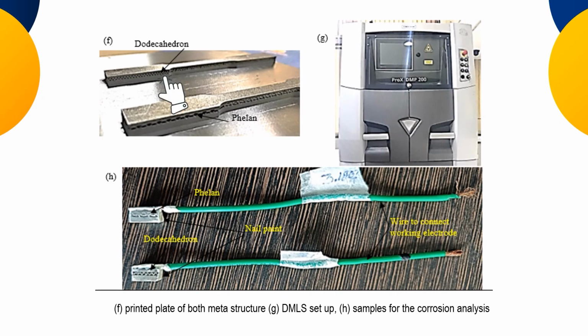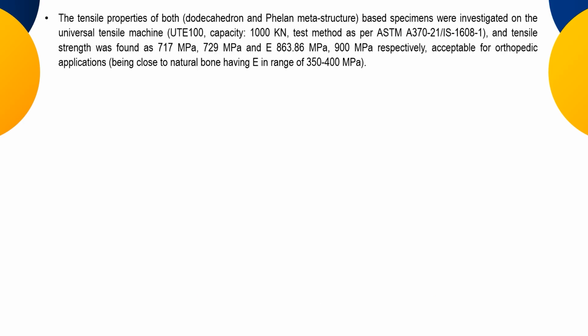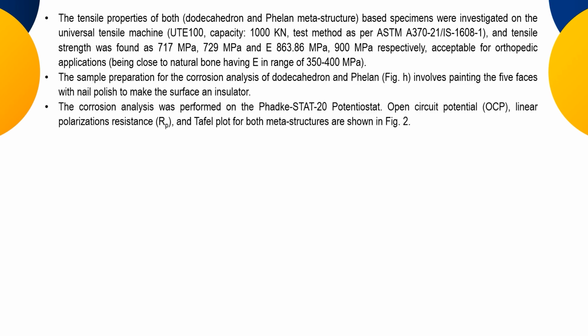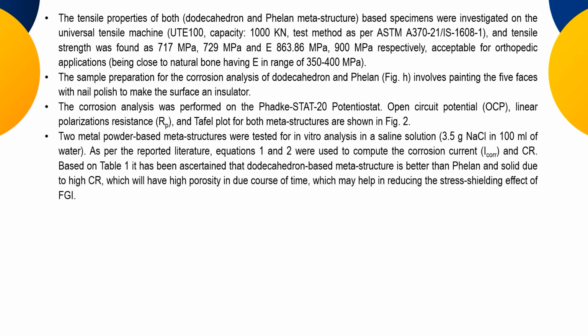So this is the actual printed part. You can see the dodecahedron here, and here is the infill structure. This is the setup that we used for corrosion testing. We used a potentiostat for the measurement of the corrosion rate, following the ASTM codes, and calculated the open circuit potential and polarization resistance, and finally developed the Tafel plot.